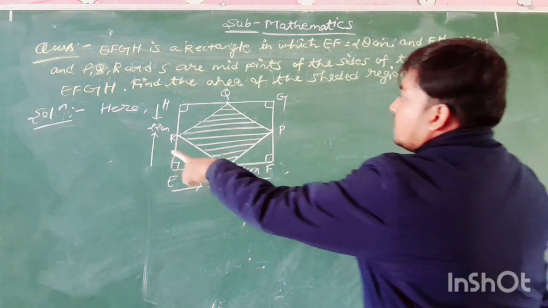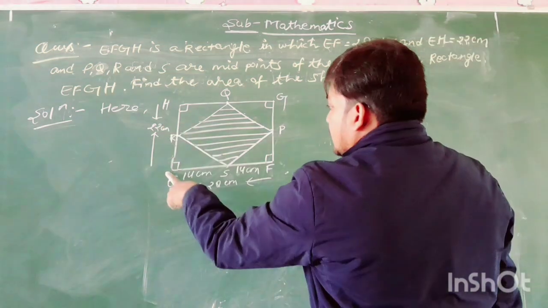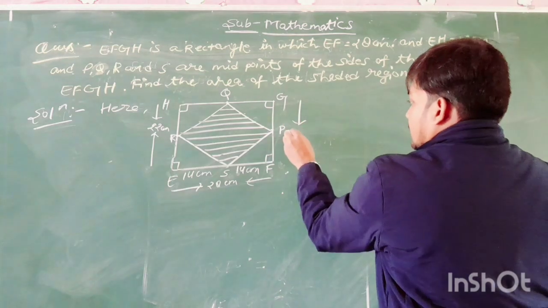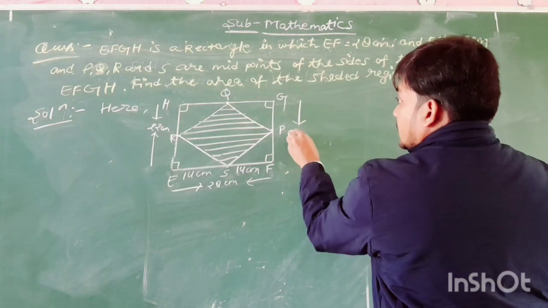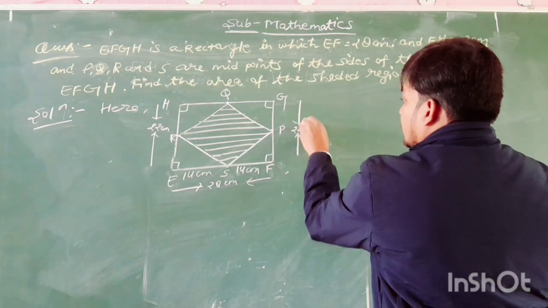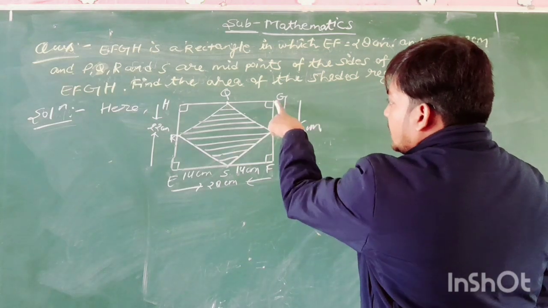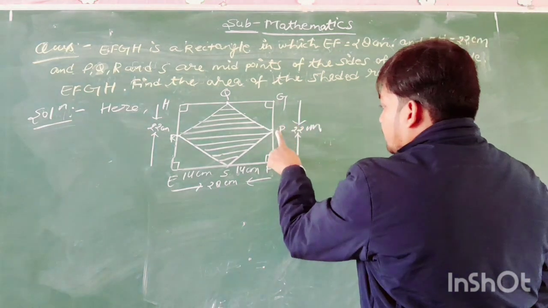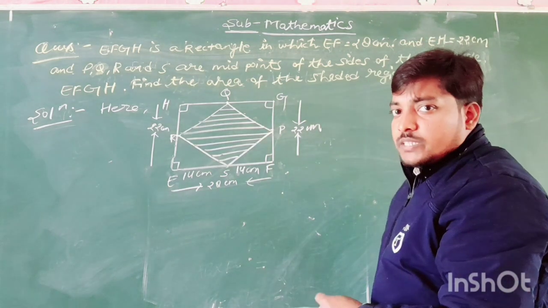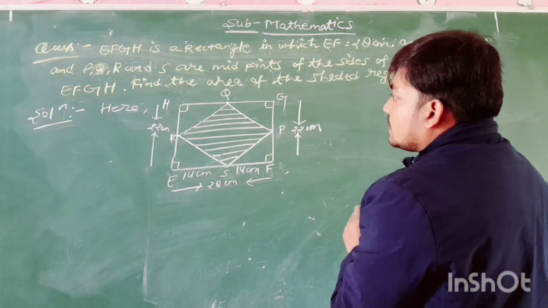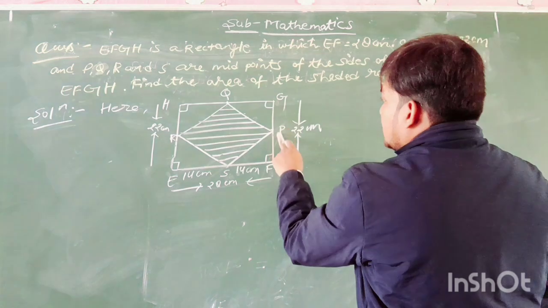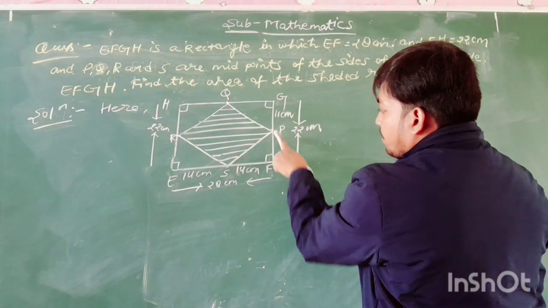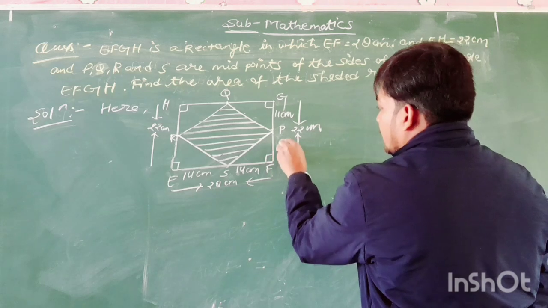In the same process, HE is equal to GF, which is equal to 22 centimeter, and P is the midpoint of FG. So GP and PF are equal to each other, so GP is 11 centimeter and PF is also 11 centimeter.